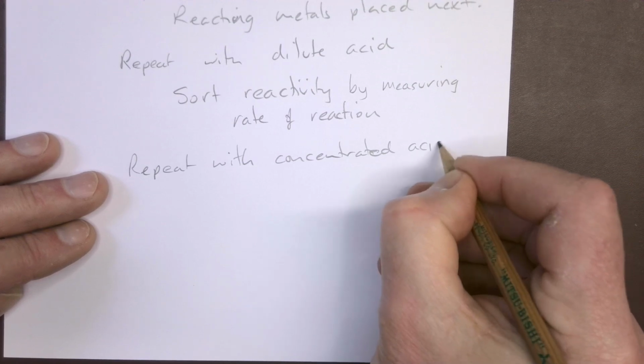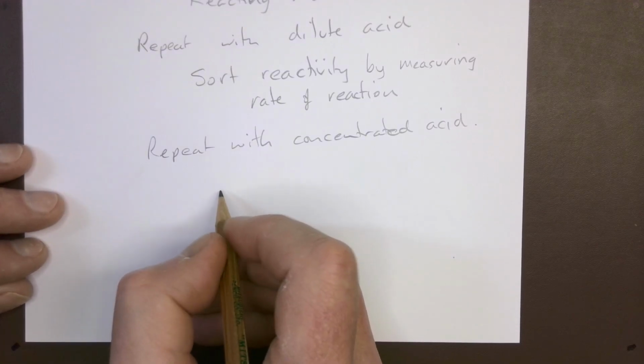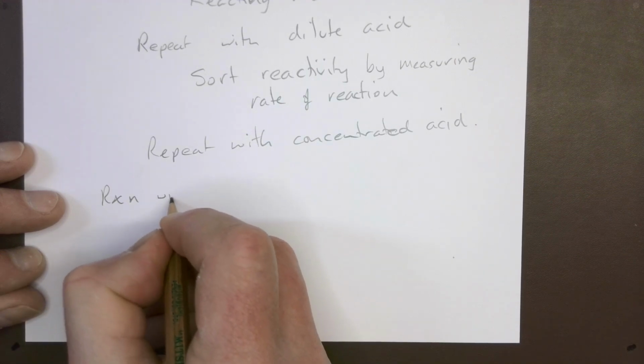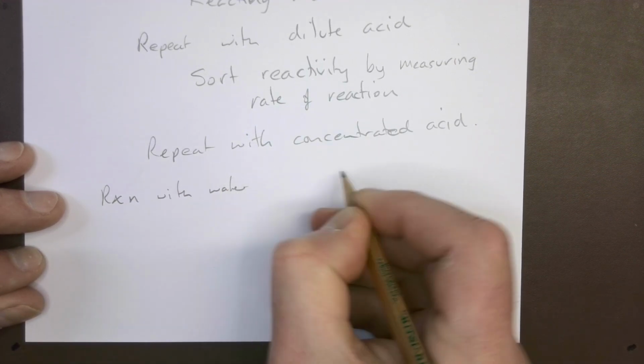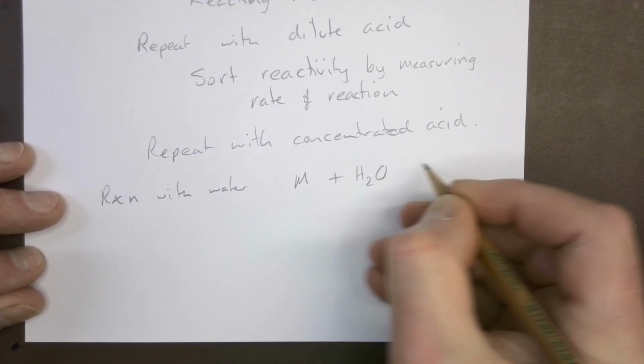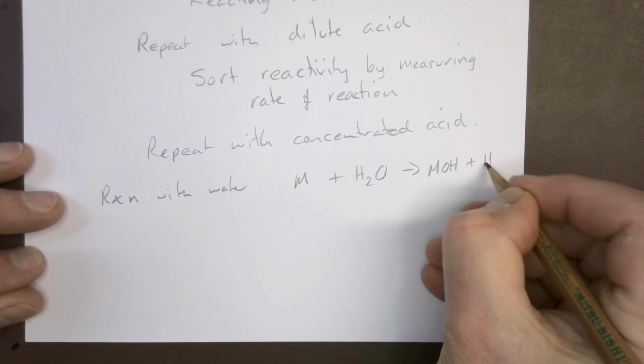So in the end, we should be able to place the metals in a series. If you want to do with water, you go metal plus H2O, will form the metal hydroxide plus H2 gas.